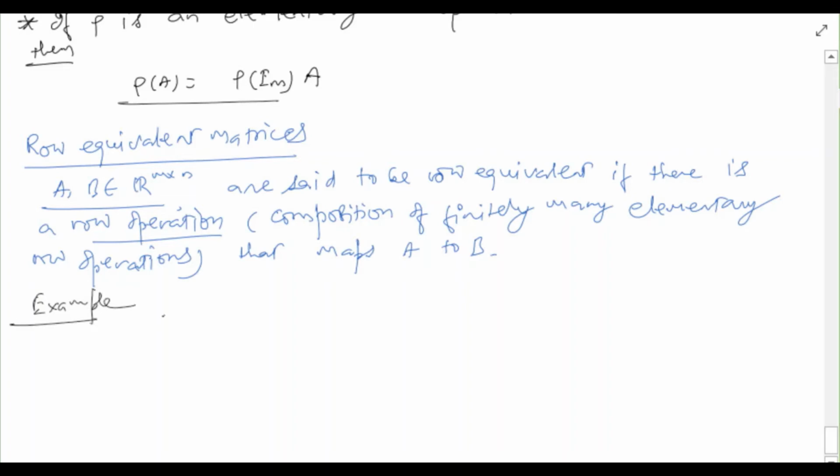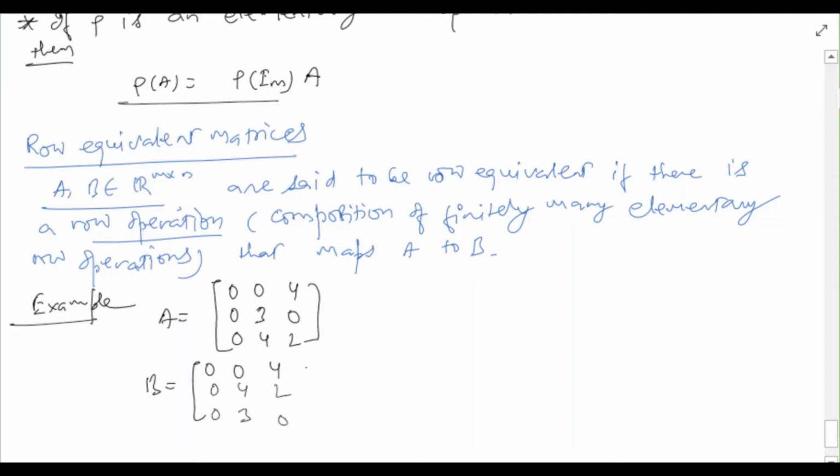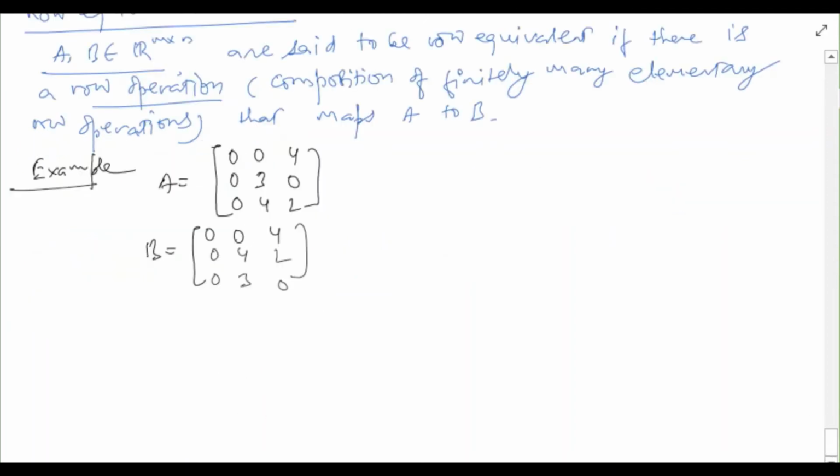Let us consider A to be equal to 0, 0, 4, 3, 0, 0, 4, 2 and B equals to 0, 0, 4, 0, 4, 2, 0, 3, 0. Then clearly A and B are row equivalent as B is obtained from A by interchanging second and third rows.